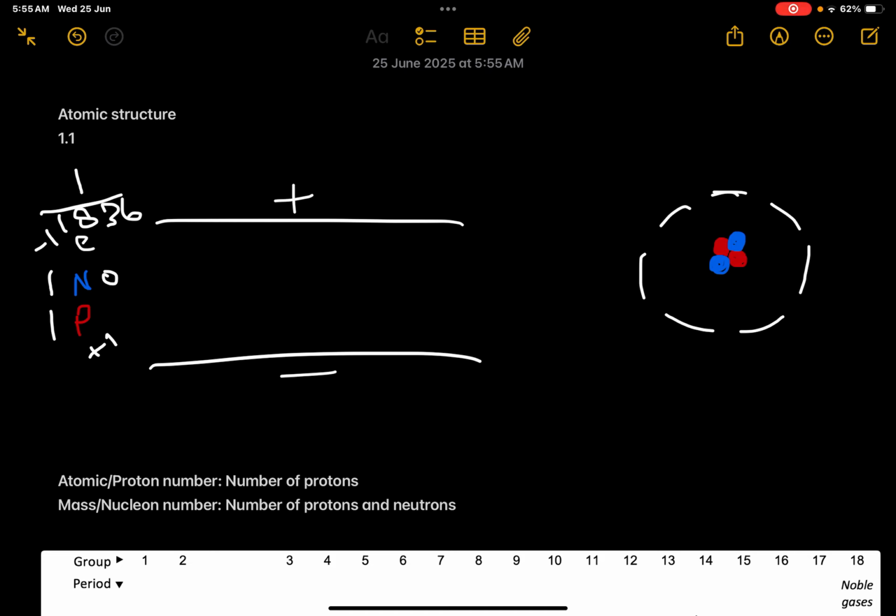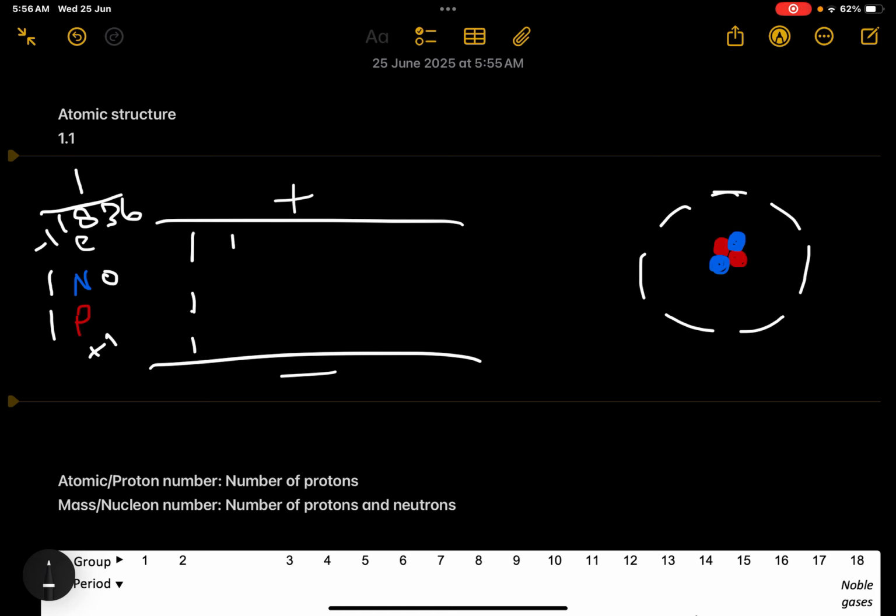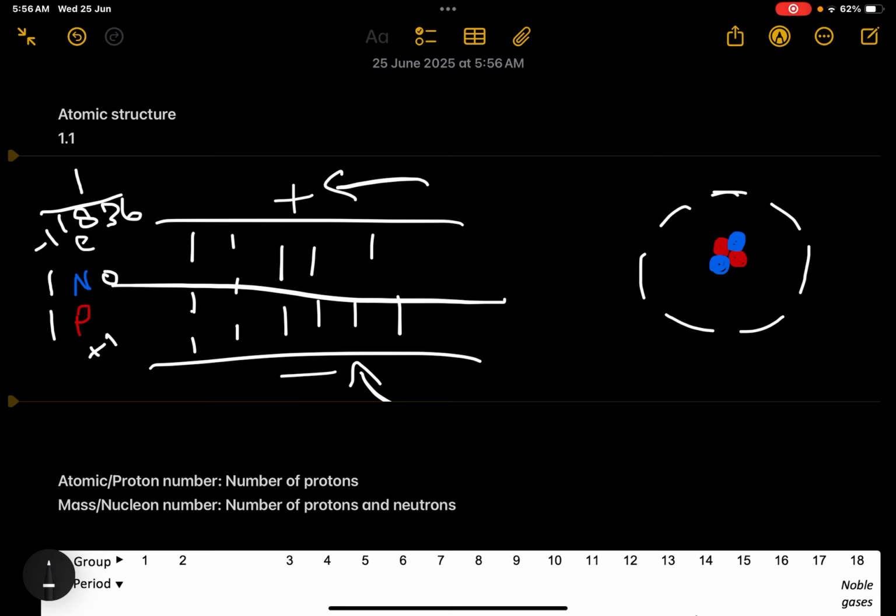I've drawn these beforehand, so they don't take a lot of time. A neutron, since it's got no charge, in an electric field with these two plates, a positively charged plate and a negatively charged plate, would move straight through without any deflection, because it's got no charge and thus wouldn't be affected by the electric field.